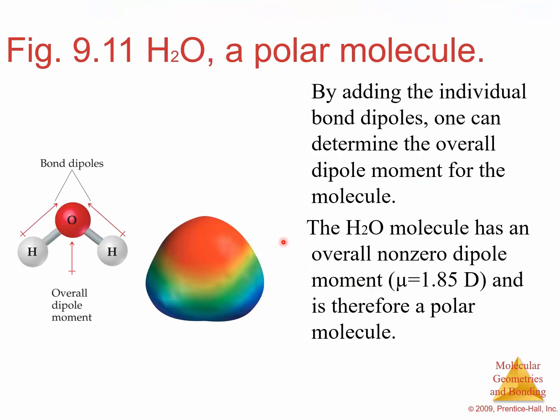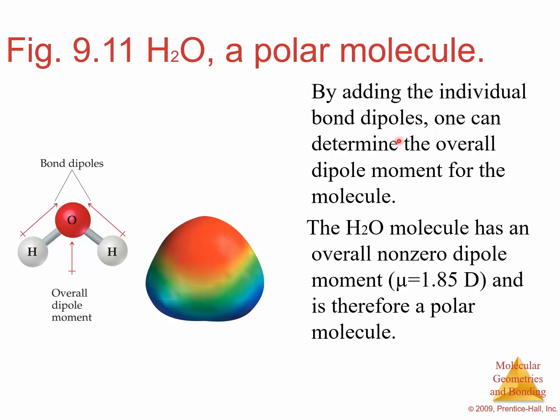Now consider water, a bent molecule with two polar bonds, as you can see in this figure. Again, the two bonds are identical and the bond dipoles are equal in magnitude. Because the molecule is bent, however, the bond dipoles do not directly oppose each other and therefore do not cancel.